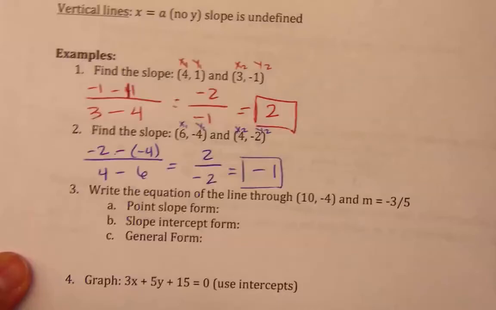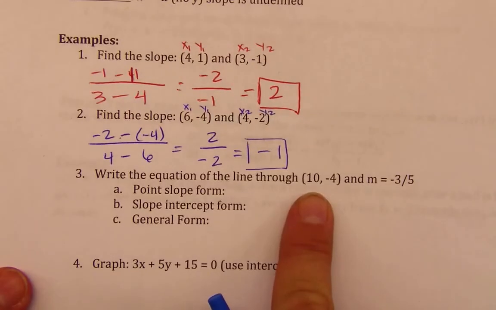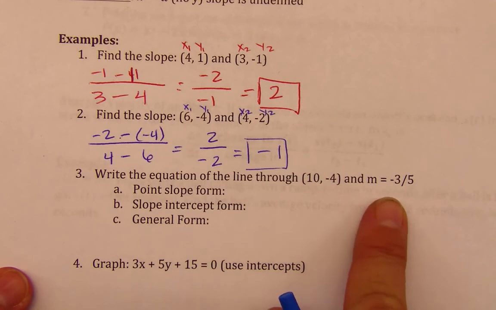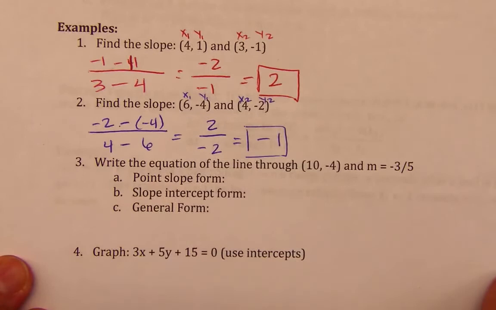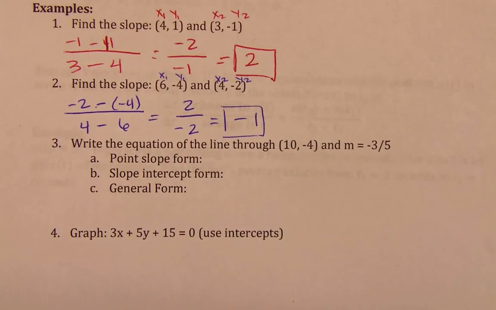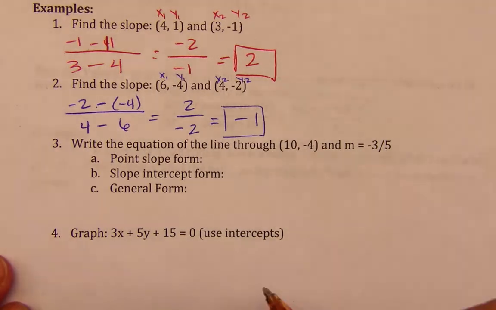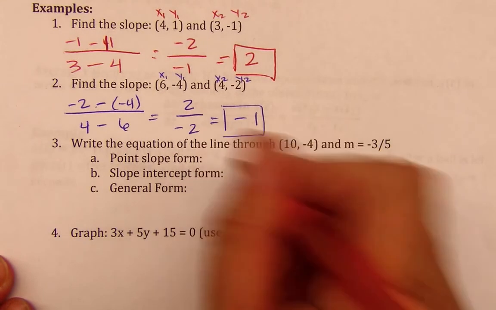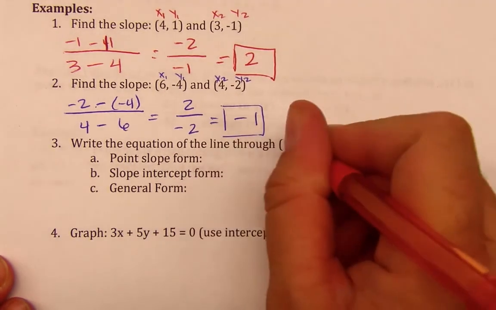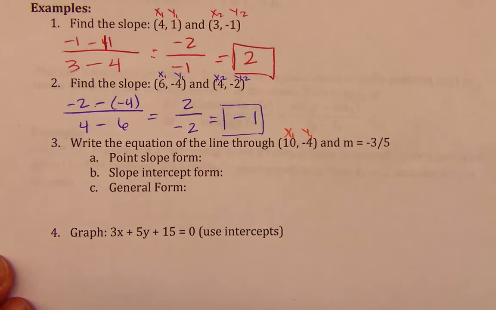Now it says write the equation of a line through 10, negative 4, and our slope is negative 3 over 5. We want to use all three forms of a linear equation here. So our first one, we'll go ahead and do point-slope form. Now we know our slope and we know a point, so plugging that in is really easy. We have x1 and y1, and this is our slope.